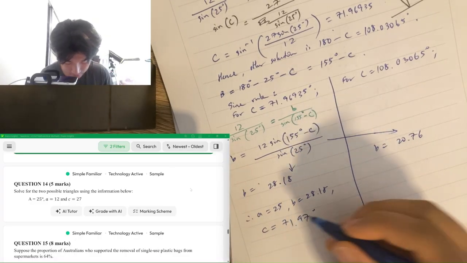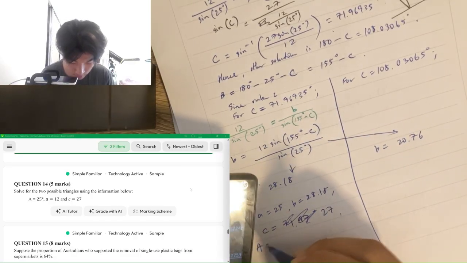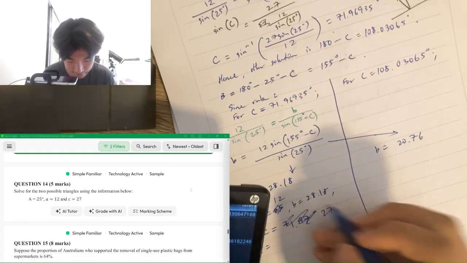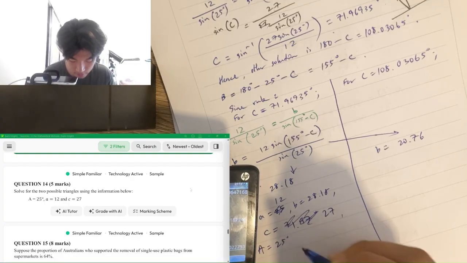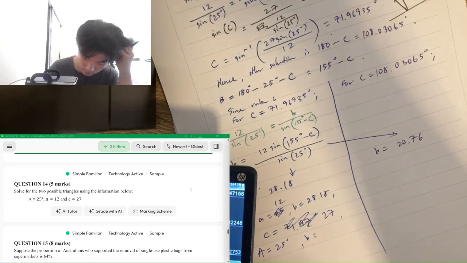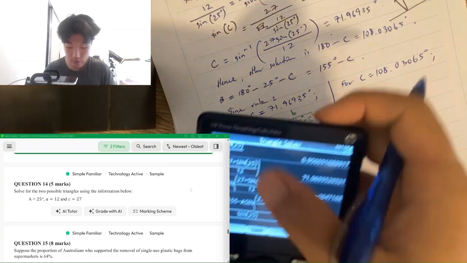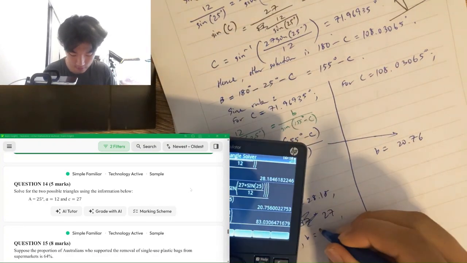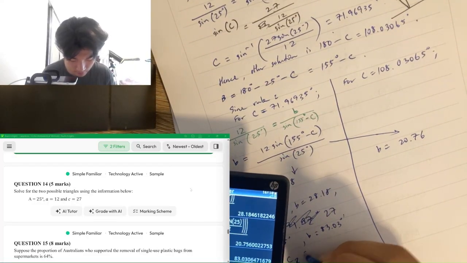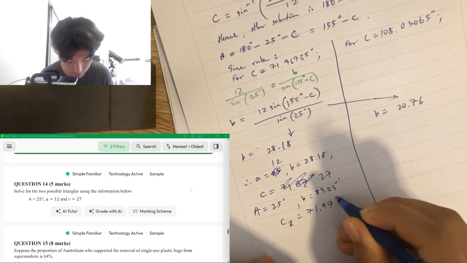71.97 degrees. Wait, no. C equals 27. A equals, oh my goodness, I'm writing the wrong ones. I was writing the angles. Okay. A equals 25 degrees. B equals, I can't really be bothered calculating the B angle. It's pretty simple though. We just do this. So 83.03 degrees. C equals 71.97 degrees.